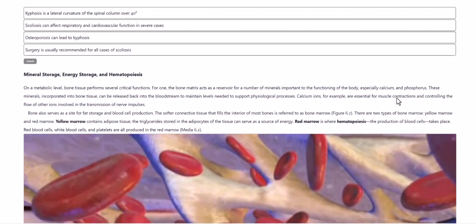So in addition to protecting many of our internal structures, the bones are very, very much involved with mineral storage, with energy storage, and with hematopoiesis. Hematopoiesis is the fancy name for the production of blood.